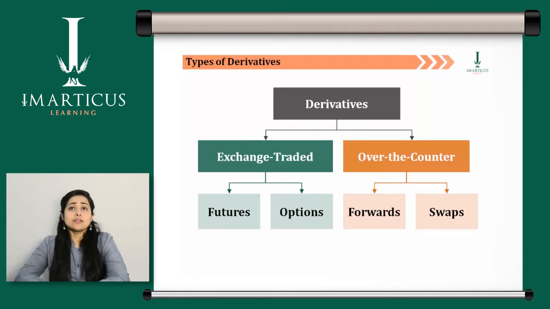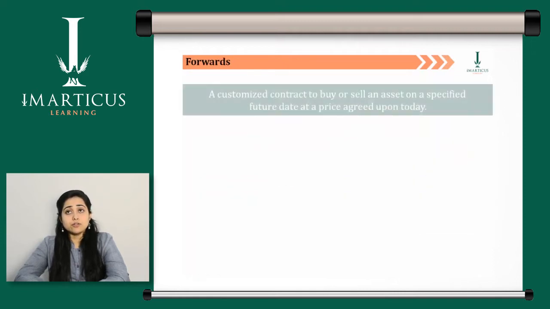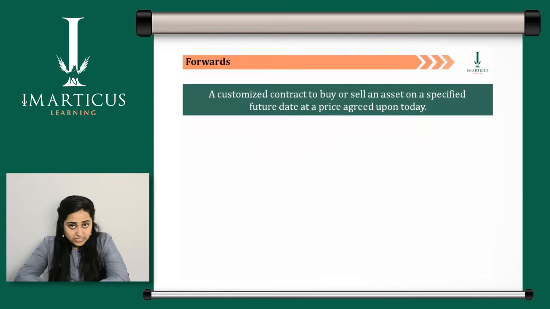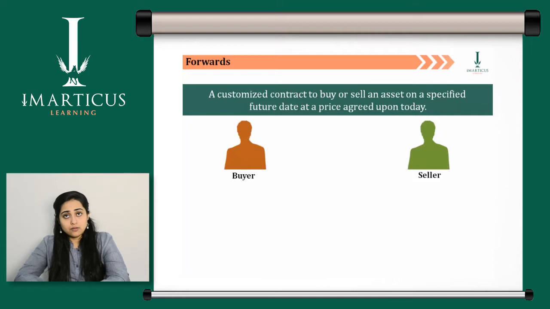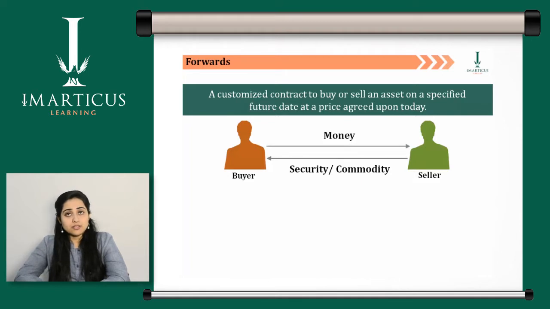A forward contract is a customized contract between two parties or counterparties to buy or to sell an asset at a specified future time at a price that is agreed upon today. In a forward contract, you have a buyer and a seller with securities or commodities being traded in exchange for money.